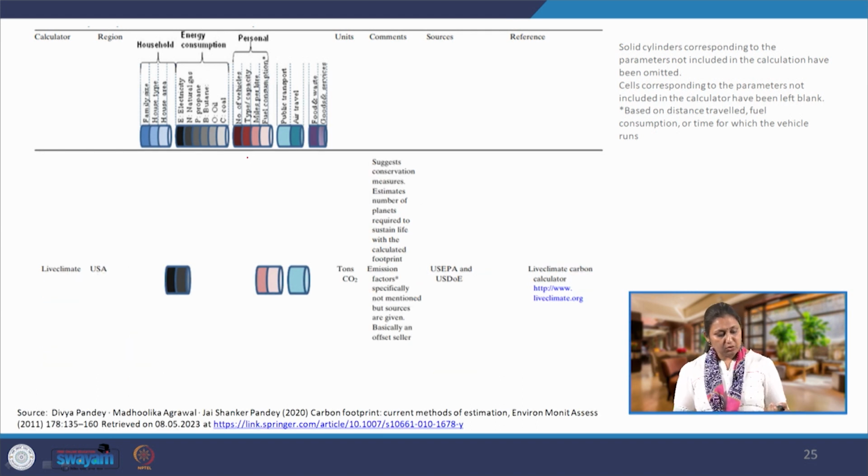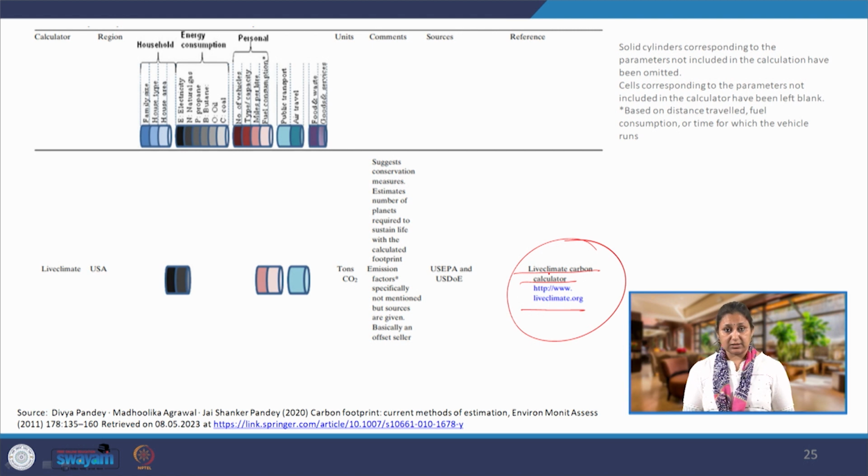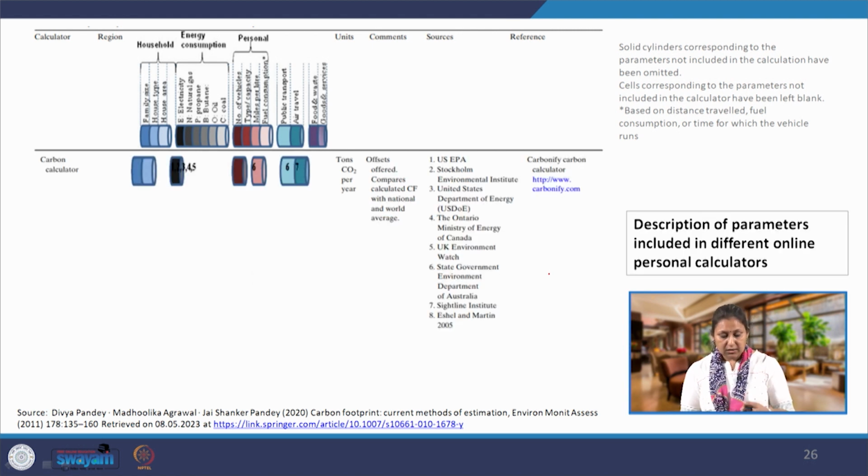You can go through this paper and these slides, which will be made available to you as transcripts of this course and lectures. You can go through these individual tools. There are websites which mention what and where these calculators are available, and you can also see what inventories have gone in.